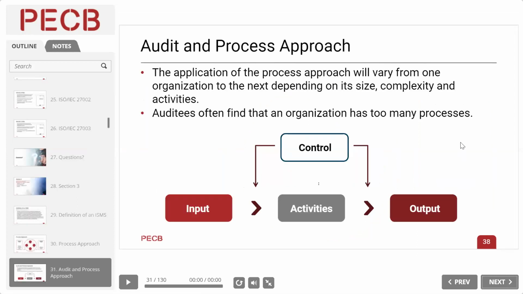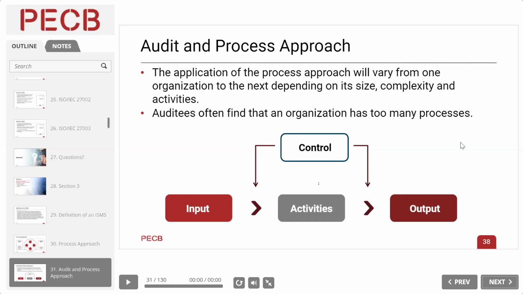So this is a very simple high-level view of a process. All the processes, it has an input. There are sets of activities within the process, and then there's an output.